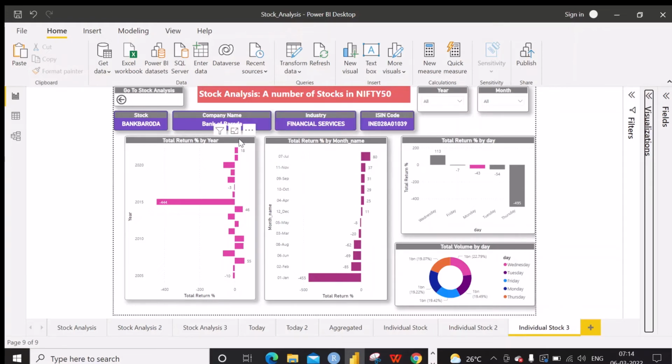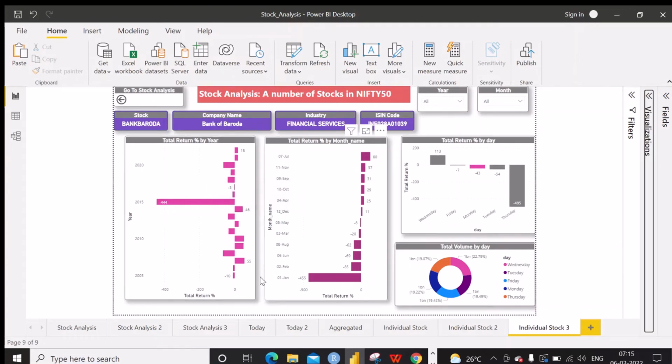The first graph shows the return for every year. It shows that in 2020 the return is negative, minus 64.74. The worst year is 2015, for Bank of Baroda the return is minus 444.22%.